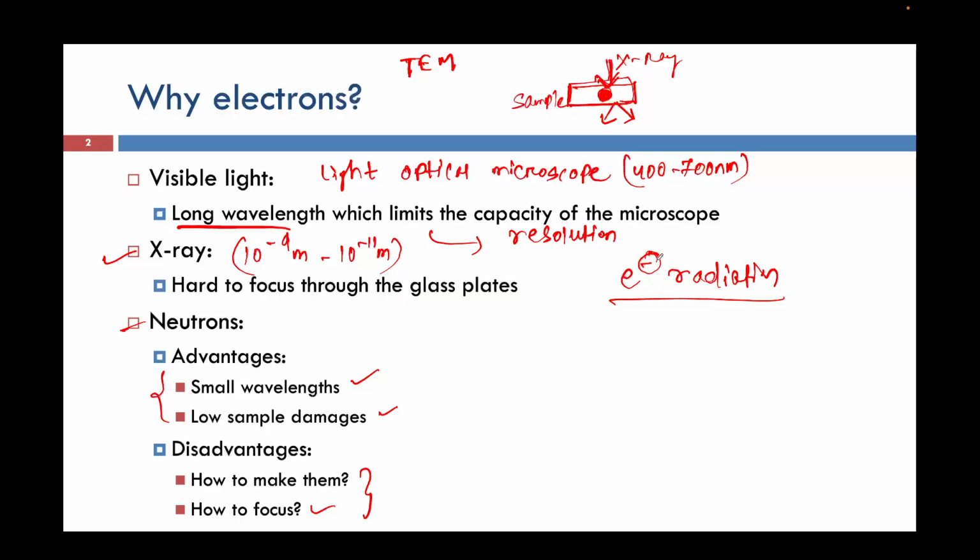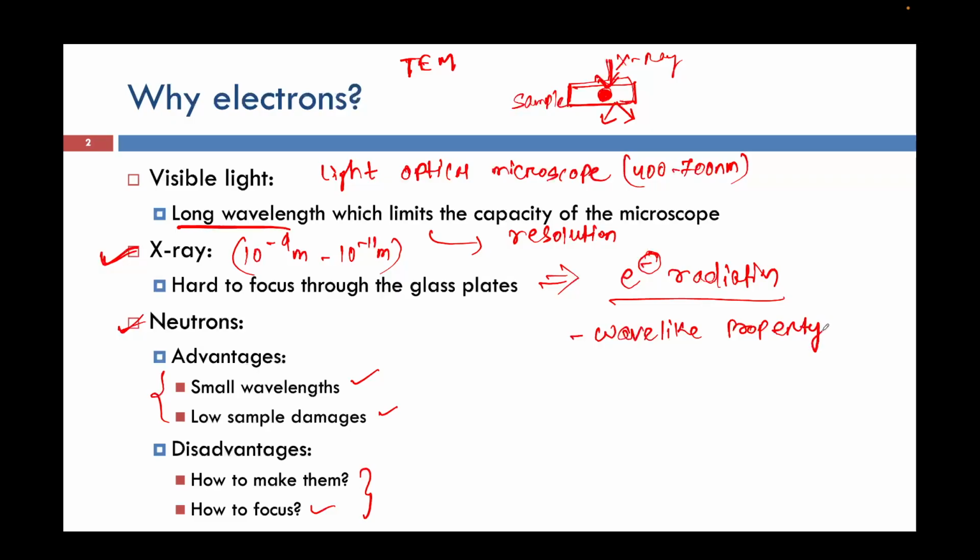So what is the advantage of using electrons now instead of visible light, X-rays and neutrons? It's not that we are not using neutrons or X-rays, but because of the disadvantages associated with those radiations, we have switched to electrons. One of the advantages is that it has a wave-like property.